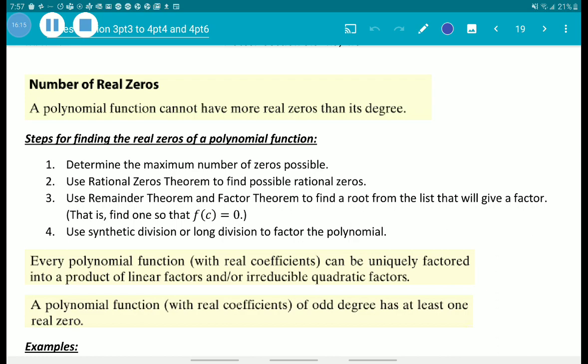And if we get one that gives us 0, then that's great, because then we know we have a factor. So we're really just looking for the ones that give us 0. So then we can use synthetic or long division to help us solve the problem. Now, sometimes we'll get irrational zeros. Irrational means that we have square roots that are not very nice square roots in them.